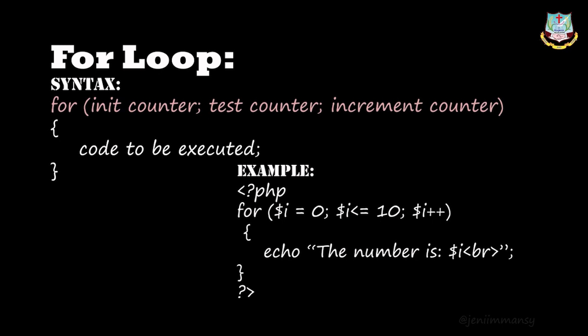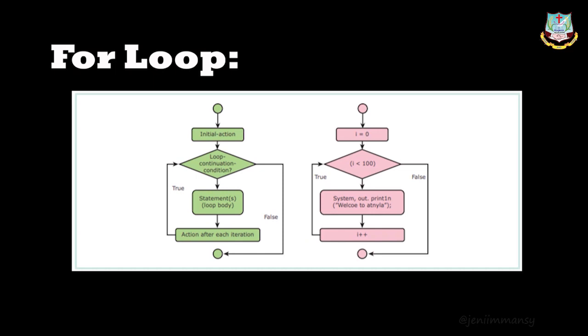We have seen the syntax and example of the for loop. For this for loop they have given a flow chart, or the structure also. See this diagram: they have given the initial action, that is first the initialization, where i is equal to 0, and then the condition will be given in this rhombus or diamond box, right? So i less than 100 will be a condition. Whether this loop continues or ends will be decided by this conditional box only.